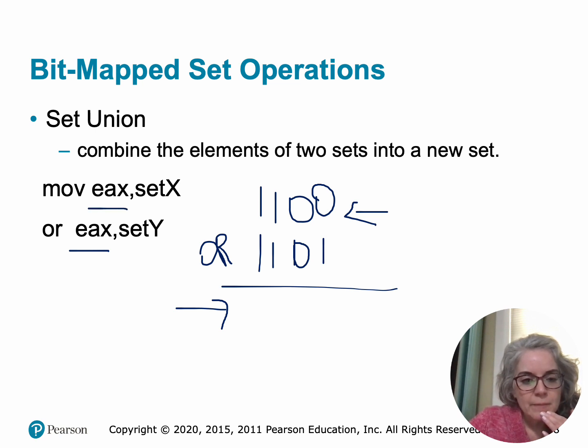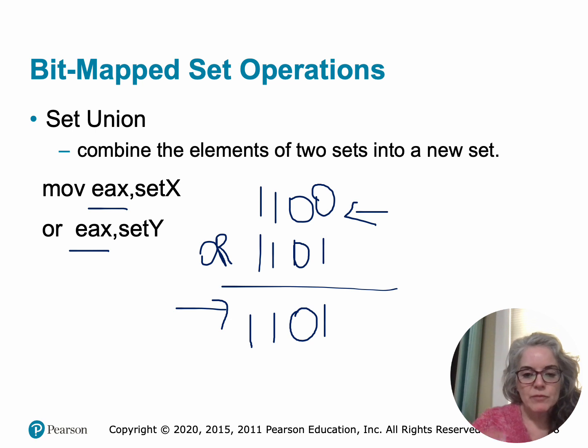So with an OR, everything is true unless both bits are false. Both bits are 0. So 0 or 1, so 0 or true is true. The only time you can get a false is if both bits are false. And then this is 1 and this is 1. So what this has done is we've combined, and if you had a 0 and then you had a 1, then it took a 1.